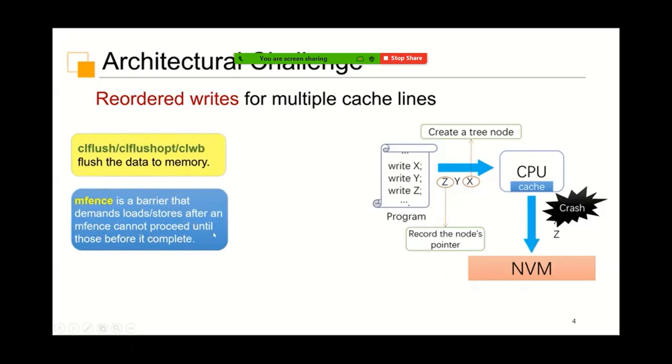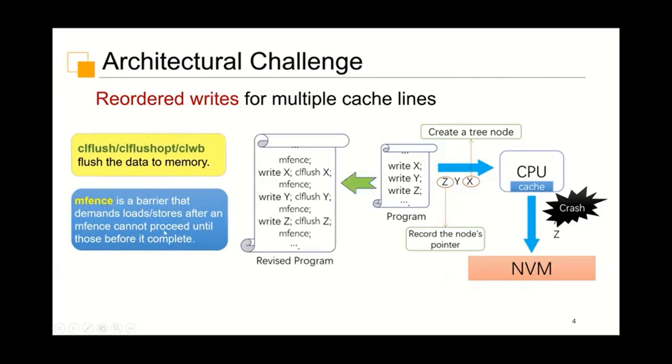So with cache line flush and M fence, we can rewrite this program. Now we can maintain the writing order, but the cost of the memory fence, the barrier, and flushing the data to non-volatile memory is non-trivial. So we need to reduce the use of cache line flush and memory fence as much as possible for high performance.